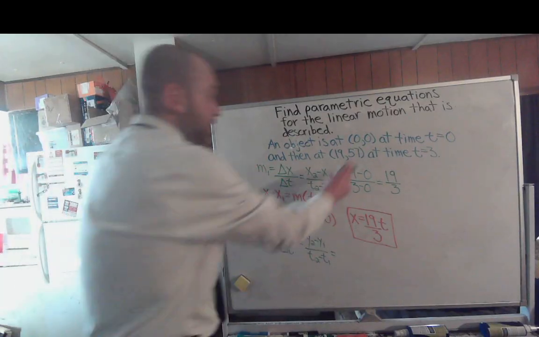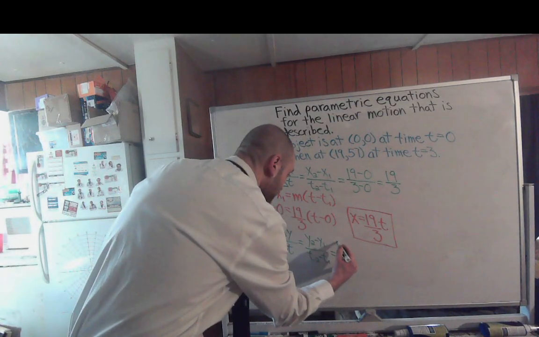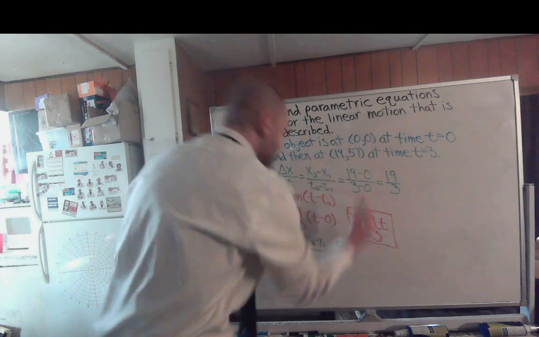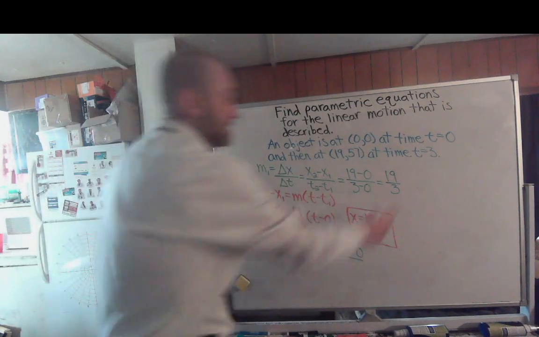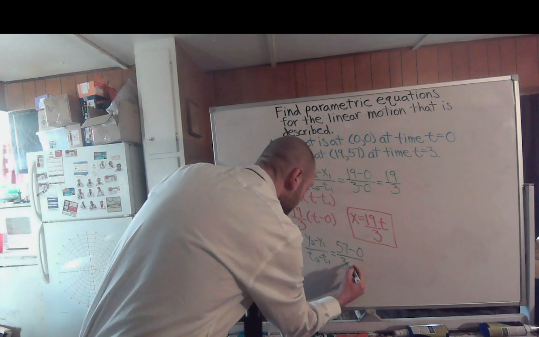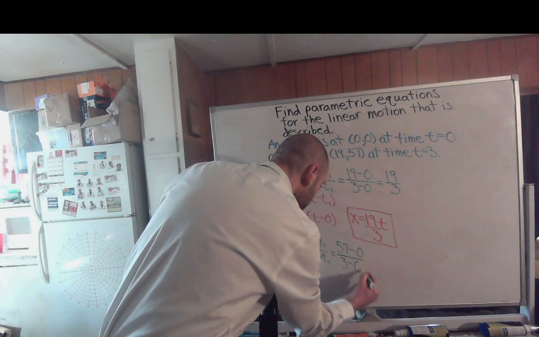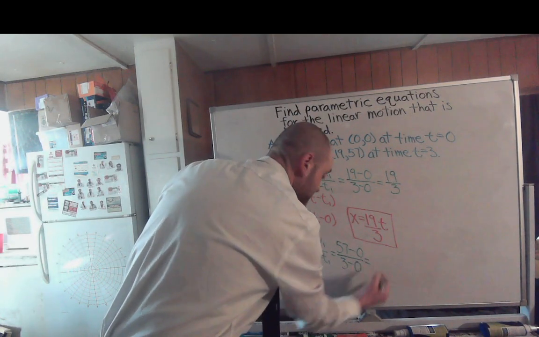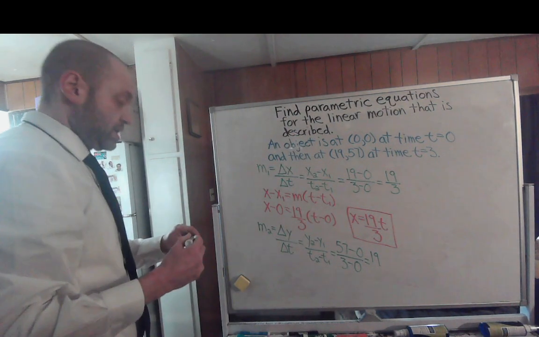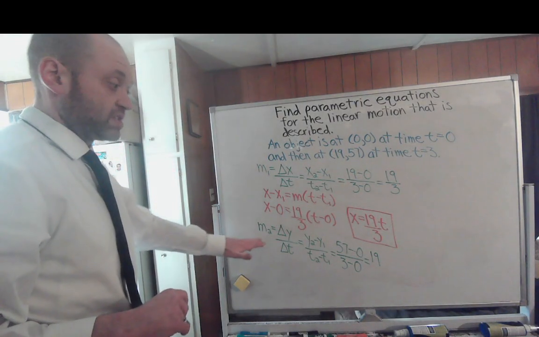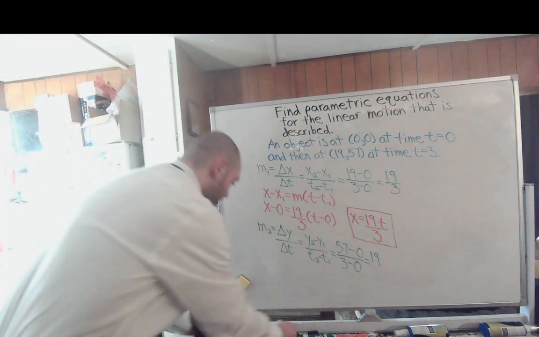Your second y is 57 minus your first y of 0, and your second t is 3 minus your first t of 0. That's just going to give you 57 over 3, which is 19. So we found the slope of your y line.